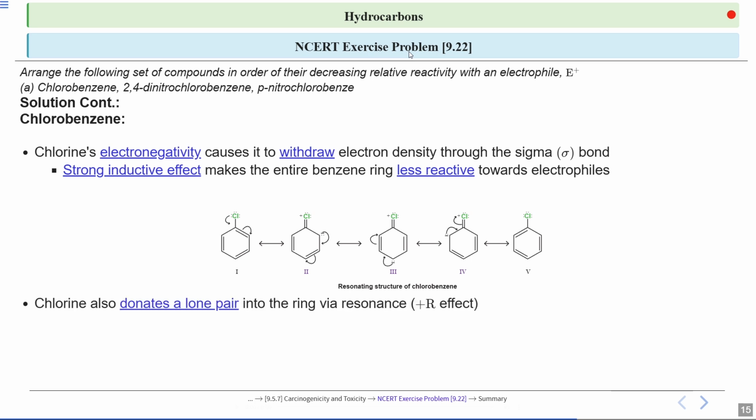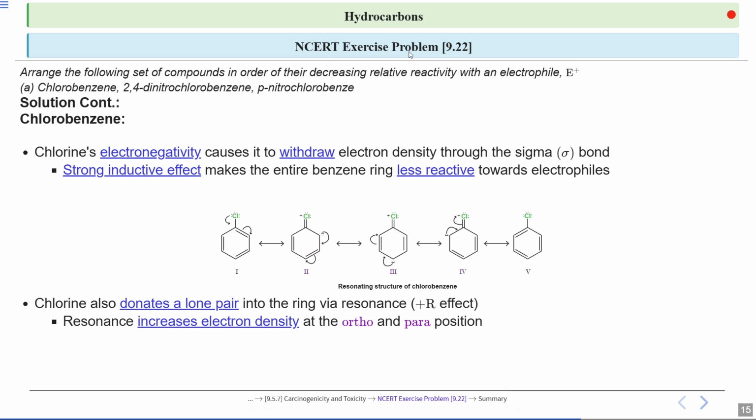However, chlorine has only one pair of electrons that it can donate into the benzene ring through resonance, known as the plus R effect. This resonance donation increases electron density at the ortho and para positions, partially counteracting the inductive effect. So it is partially counteracting, not fully. Because of this resonance, the ortho and para positions on the ring become more electron rich.